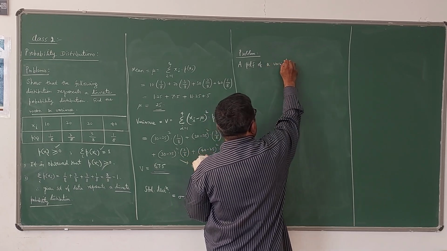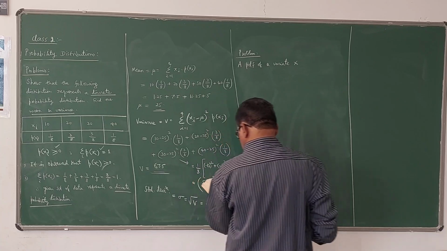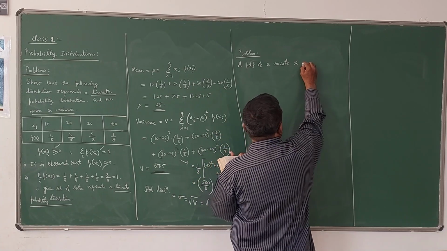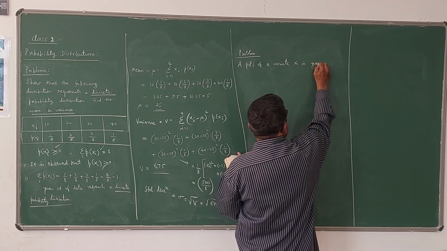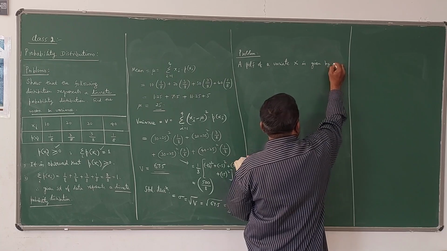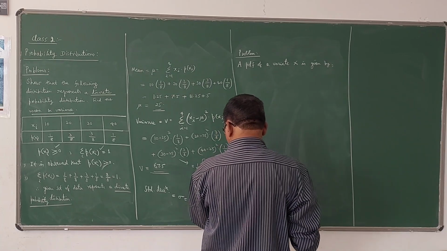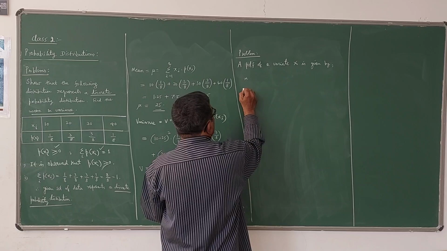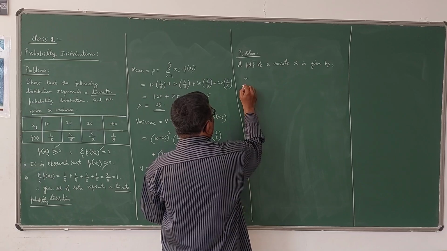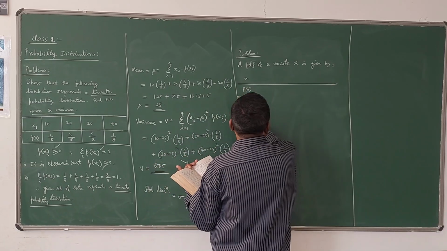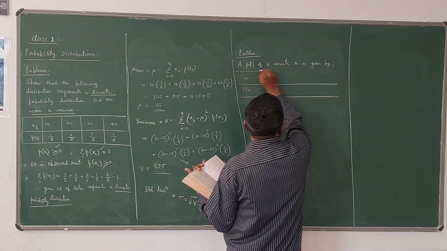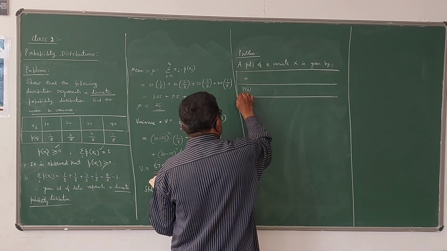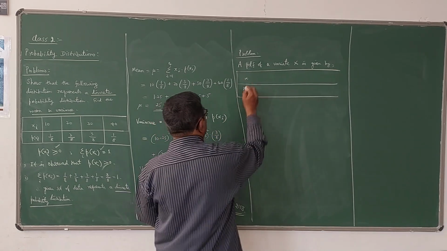Variate is a random variable, also called a variate. X is given by. So he has given the values once again in the form of a table like this. X, P of x, capital P. PDF. The values are like this.